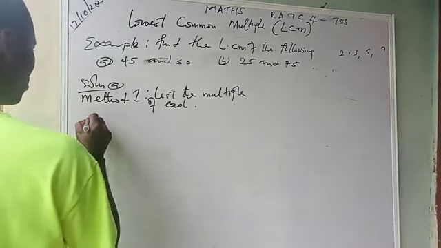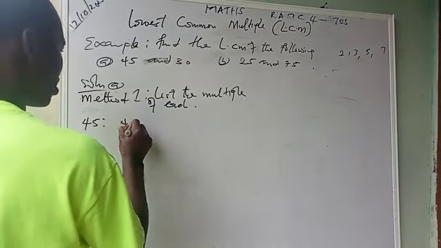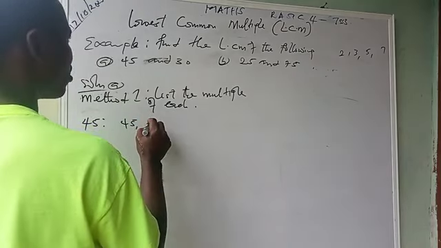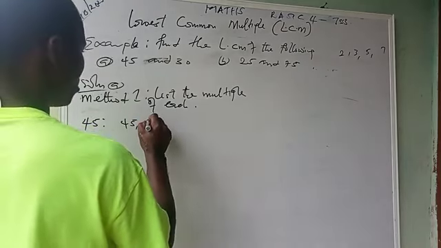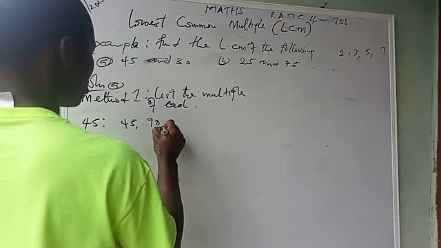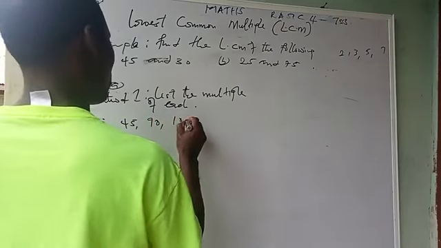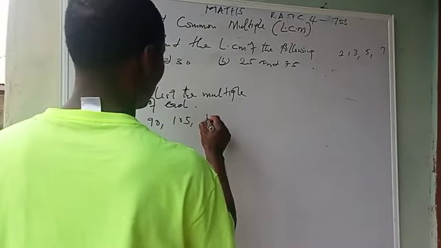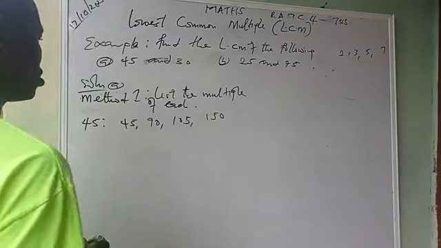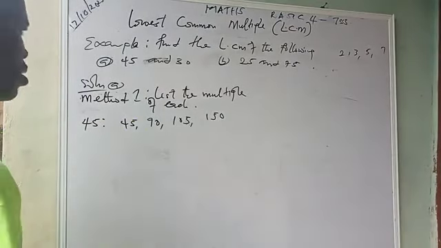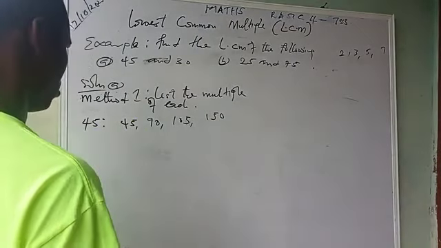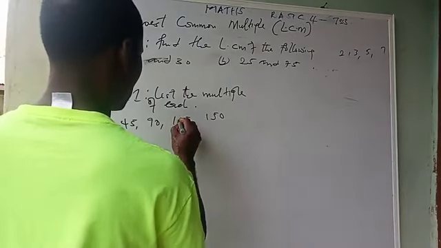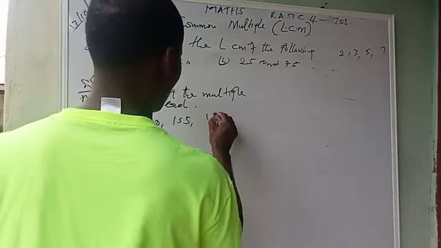When you list the multiples of 45, you have 45, 90, 135, 180.